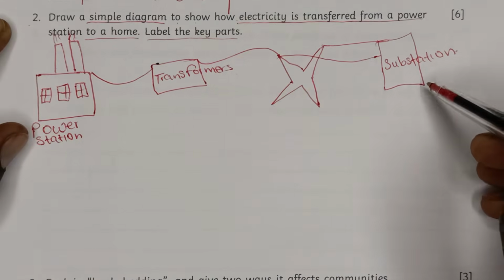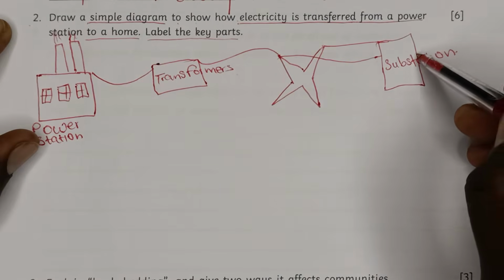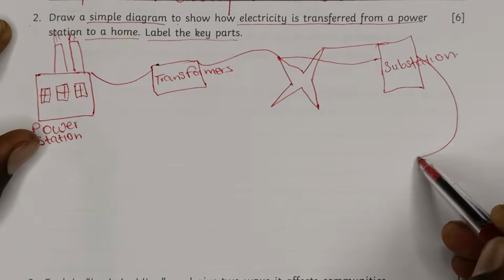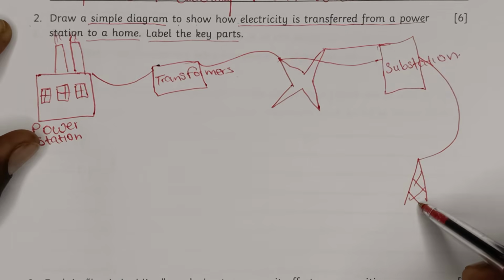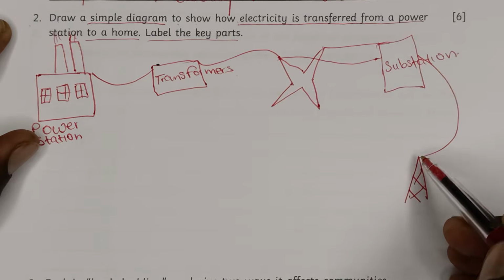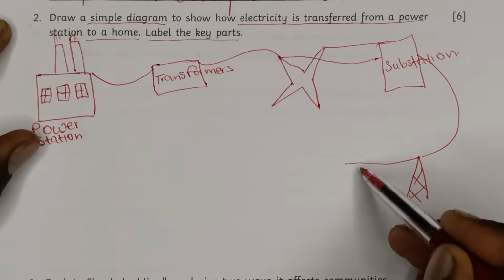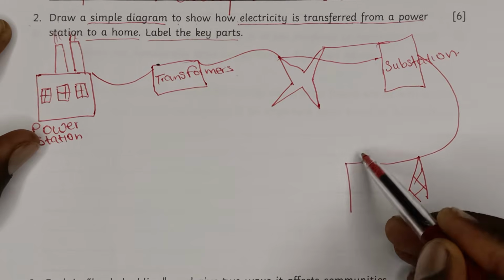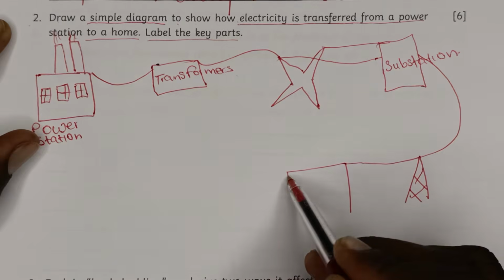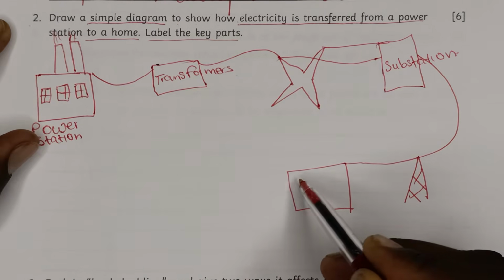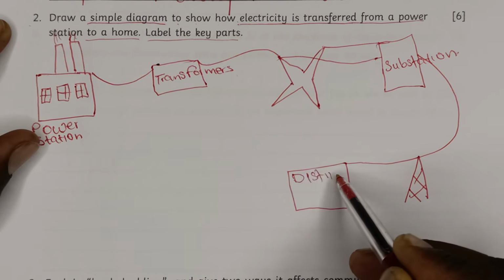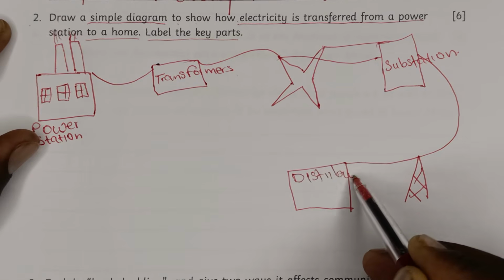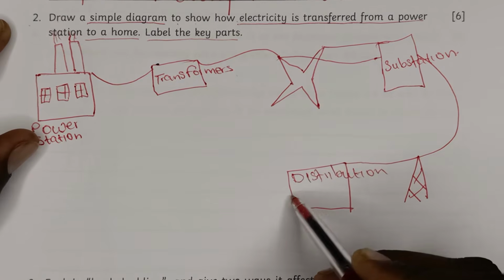And then from the substation, the electricity comes out and it gets to a distribution substation. So this is the distribution substation.